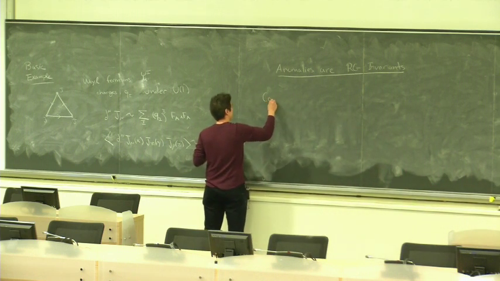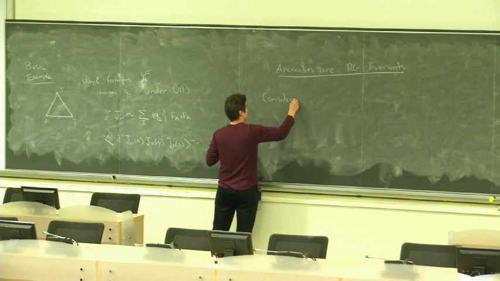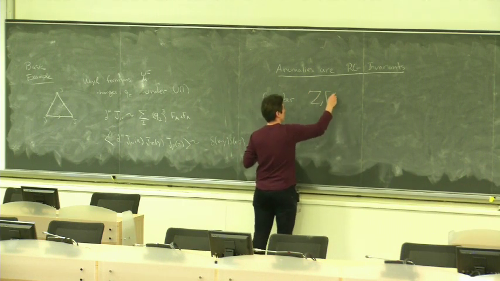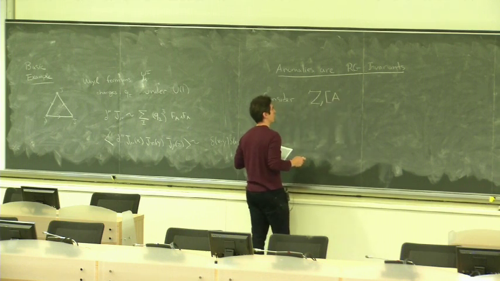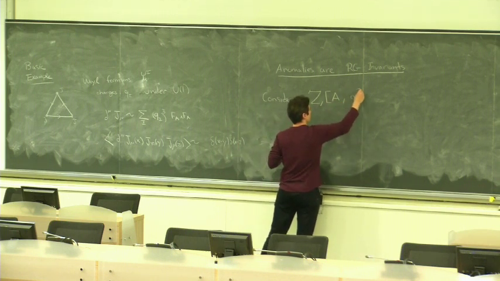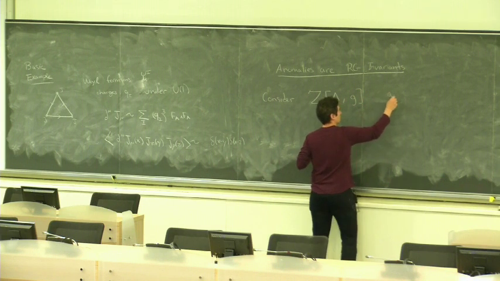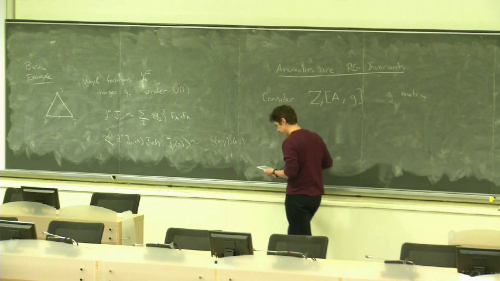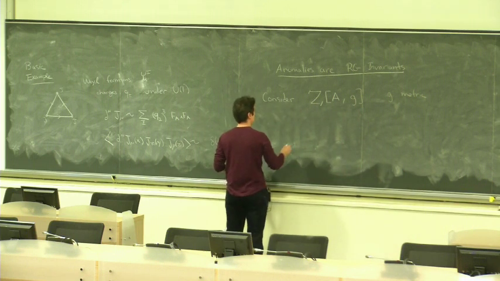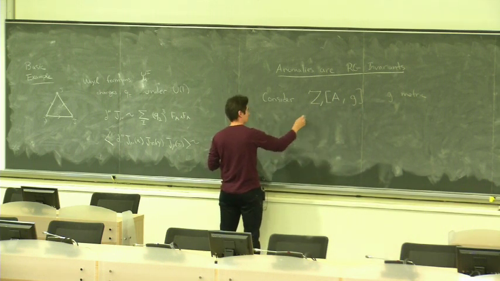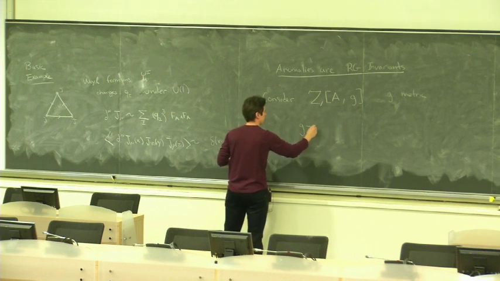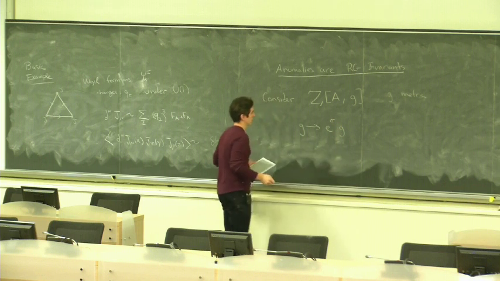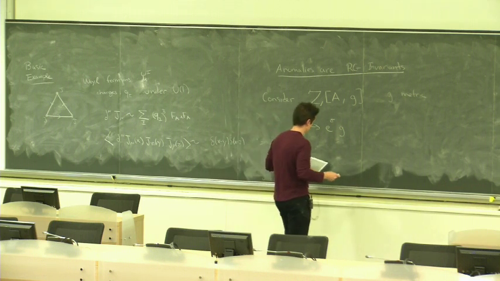So let's consider Z, our famous partition function. It depends on our background gauge field A. And let's also introduce G, where G is a metric. So we can consider a transformation: G going to e to the sigma times G, the breathing mode, if you like.